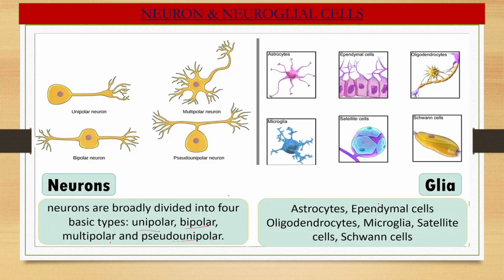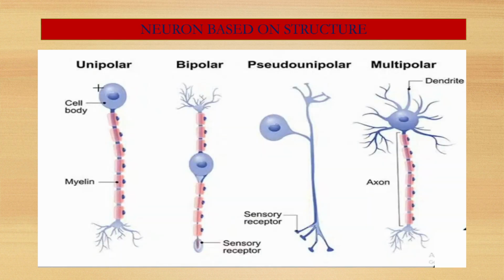However, glial cells are of various types. They may be astrocytes, ependymal cells, oligodendrocytes, microglia, satellite cells and Schwann cells. So these are all neuroglial cells, which are non-neuronal cells.